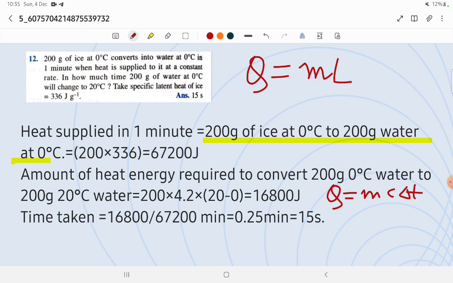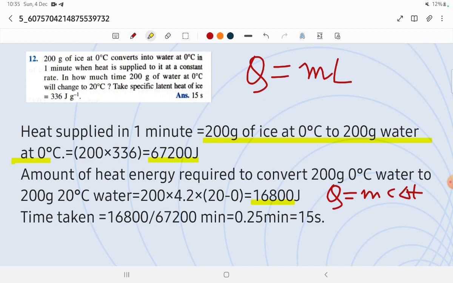So the time taken will be, this amount of heat energy you have to supply, and this is the amount of heat energy supplied per minute. So you have to find out the time. 16800 will be divided by 67200 to find out the time, like the unitary method. 67200 amount of heat energy is supplied in 60 seconds.